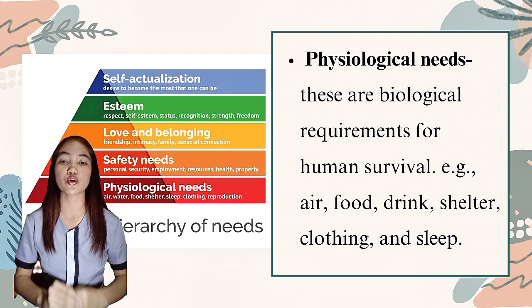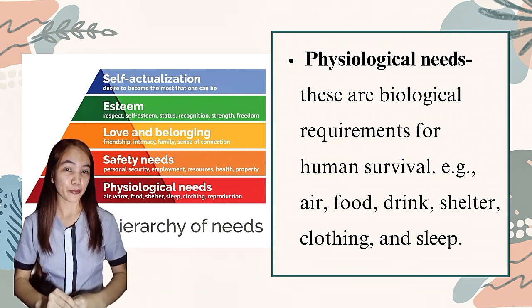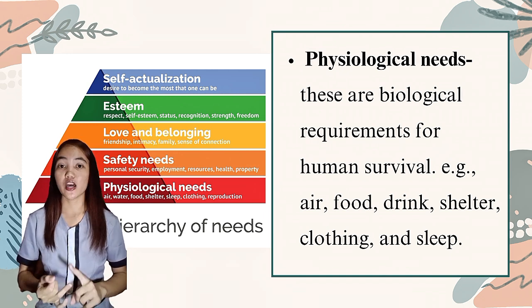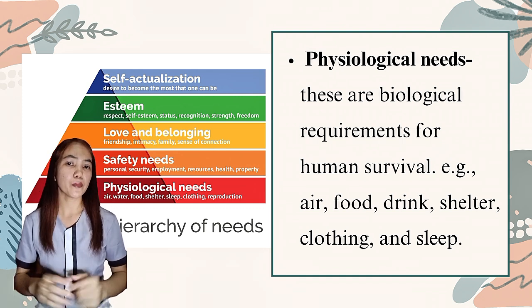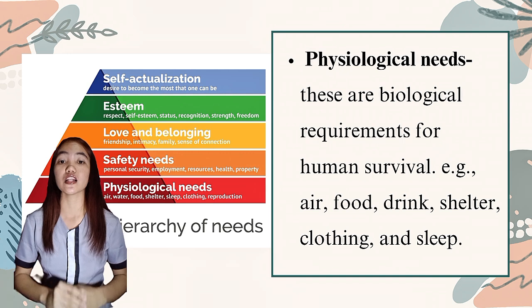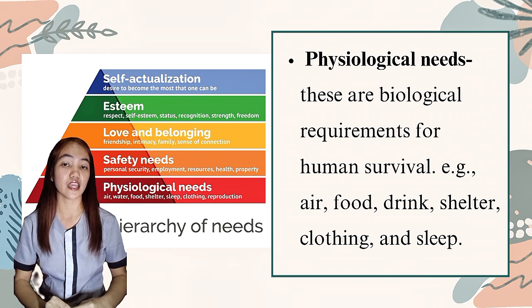Teachers must ensure students' basic needs are met first, for example air, food, drink, shelter, clothing, and sleep. Our most basic need is for physical survival. Once that level is fulfilled, the next level is what motivates us, and so on.